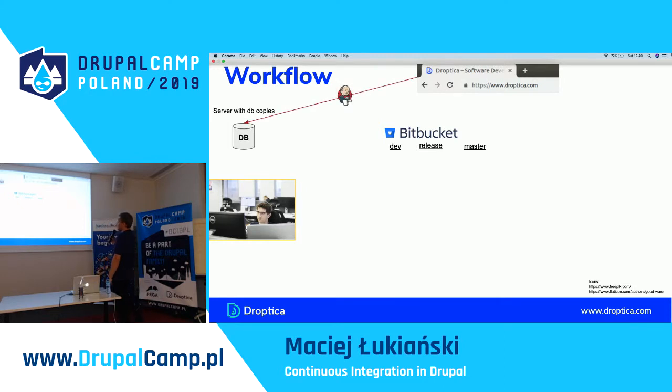Right, so we have Jenkins, which automatically pulls the production database every night onto a backup server. Now, the way it is set up is, for each website, we have a sanitization script, so that the database that's copied from production is already cleared of all the user data and sensitive data.